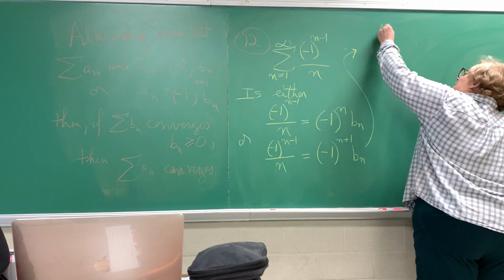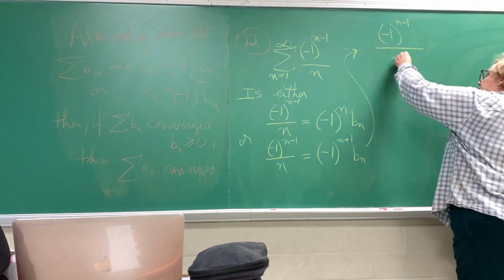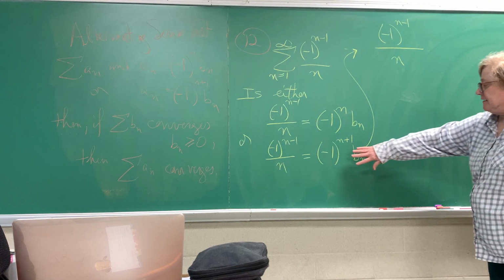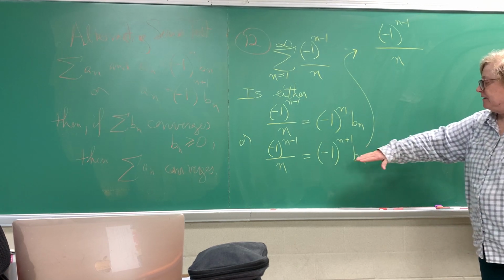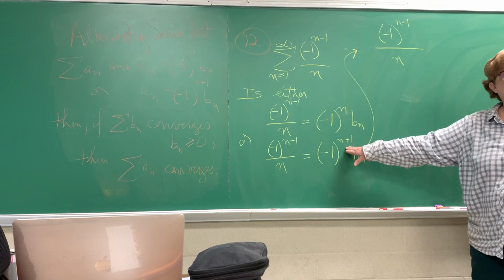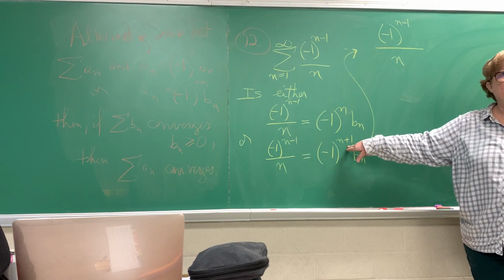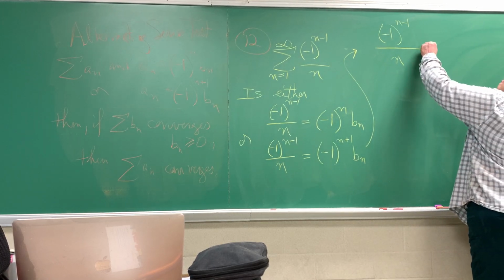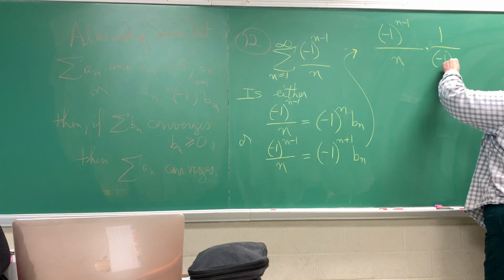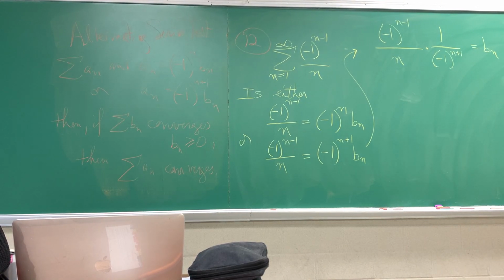So we've got -1 to the n minus 1 divided by n. And since I've got a fraction already happening, can I multiply by the reciprocal of -1 to the n plus 1? Can I multiply both sides by the reciprocal of -1 to the n plus 1? Yeah. Good.